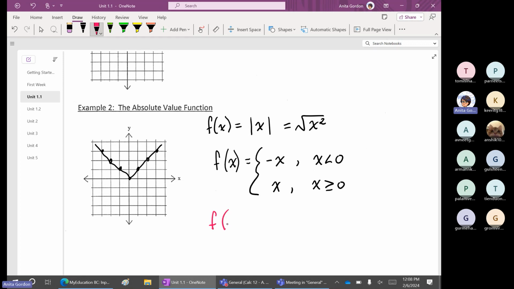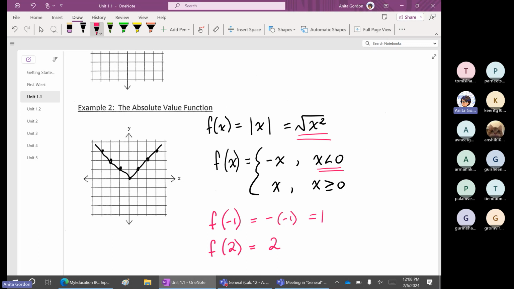So if I have a negative 1, that means it's less than 0. So my function is negative of negative 1. I end up with a positive. If my function takes an input for an x value of positive 2, so this is how we define the absolute value function.